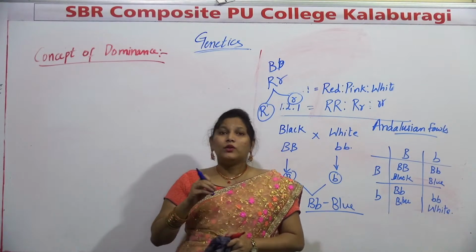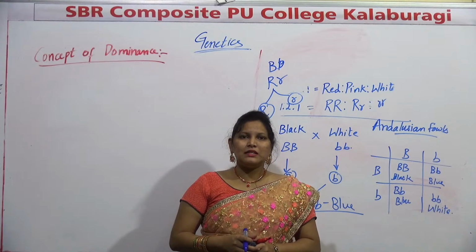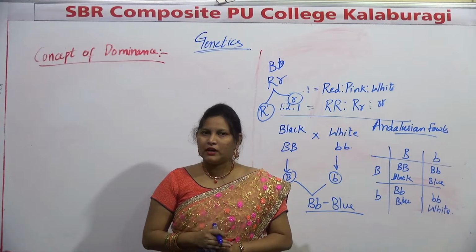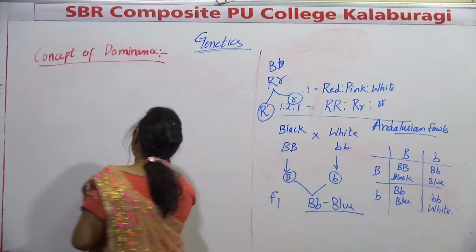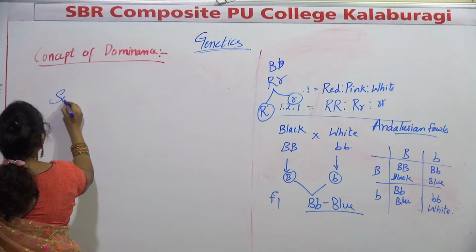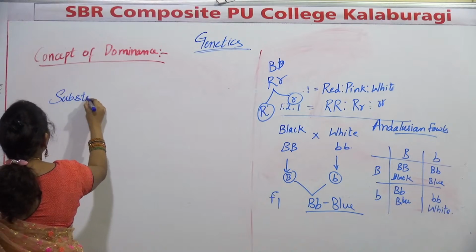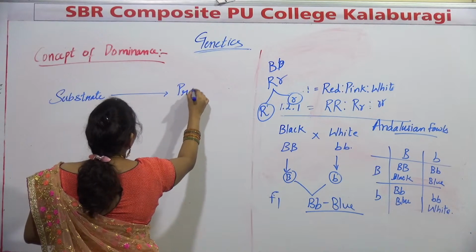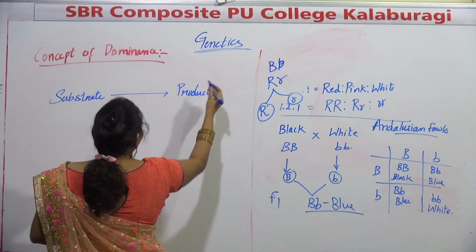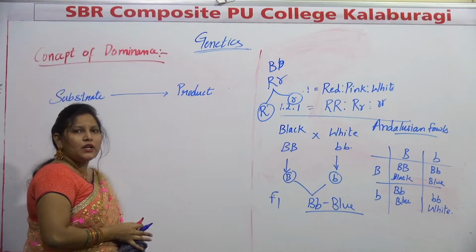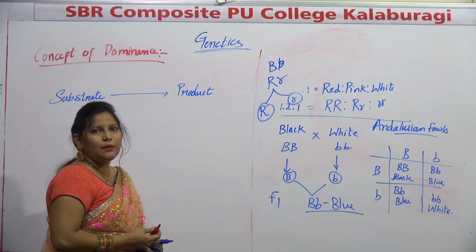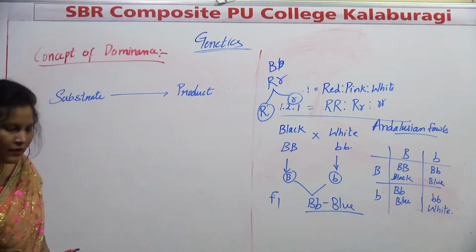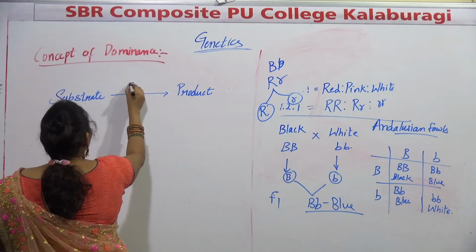In order to explain the concept of dominance, I have taken an example of a substrate which is converted into product. The conversion of the substrate into product is taken up with the help of an enzyme.